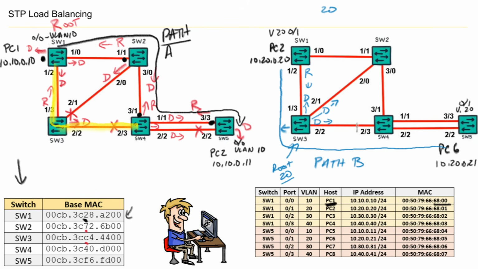That'd be a root port, forwarding. And let's put in our root ports first. On switch 2, that'd be a root port, forwarding. And on switch 4, this would be a root port, forwarding. Now, up here, based on which of these two switches is going to be designated for this segment, switch 1 has a lower cost. Oh, wow, check it out. This is a very, very good discussion.